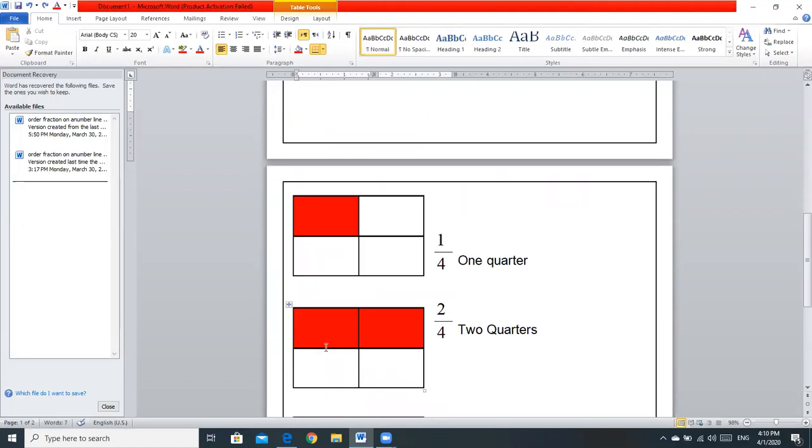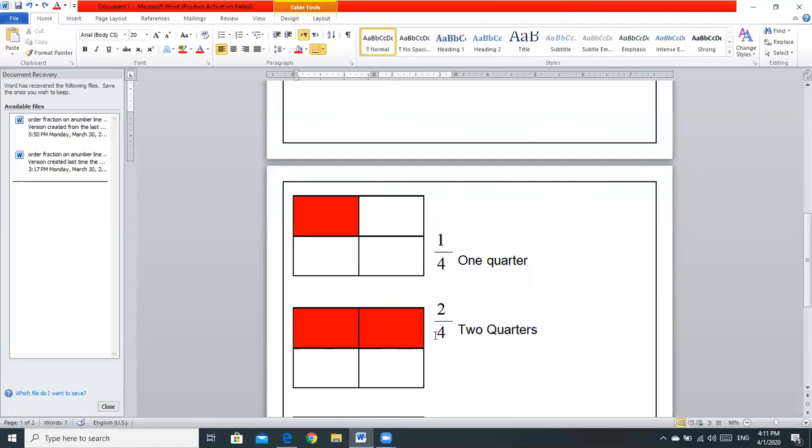If I eat two parts from the four, it's called what? 2/4. And we said that 2/4 is the same as what? Excellent, half. When I take two and leave two, it means I take half, because we said half is what I take equal to what I leave. 2 out of 4 is the same as half.